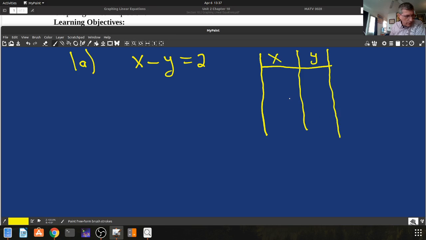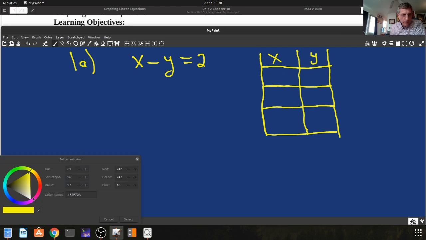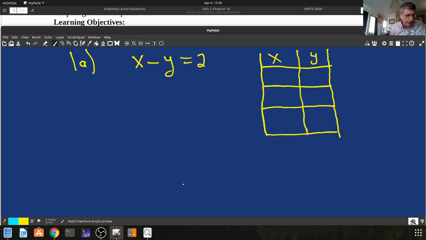So in the first case, it's going to be an expansion of what we were doing in our lecture 10.1. They're going to give you one of the variable values, and you're going to find the other one.